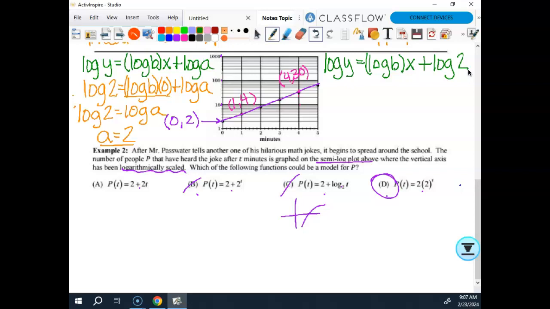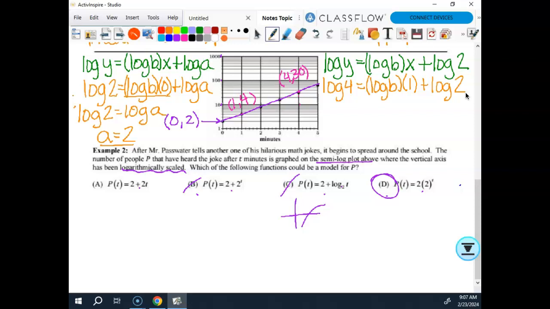So that means I would get the log of 4 equals the log of b, which I don't know, times x, which is 1, plus the log of 2. So now log of b is my only unknown.